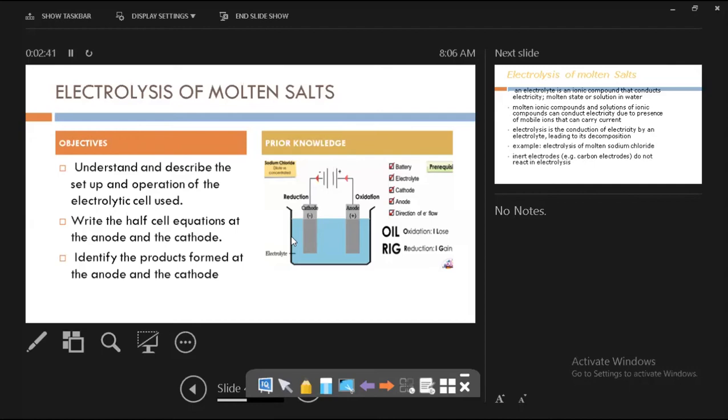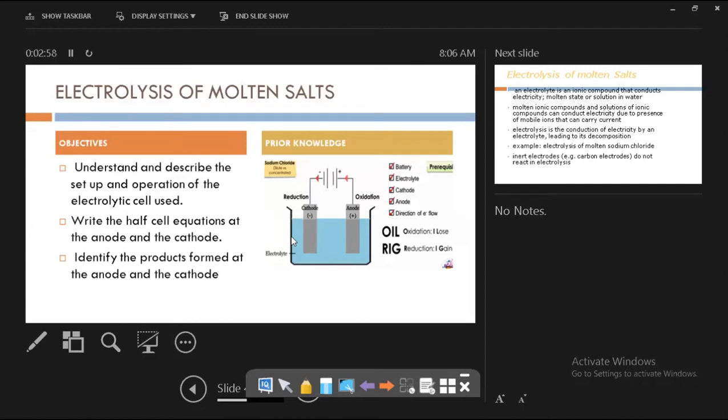These three things are the ones that are constantly tested in the examination: writing half equations at the anode and at the cathode, identifying the products, and also understanding how the cell works or operates.